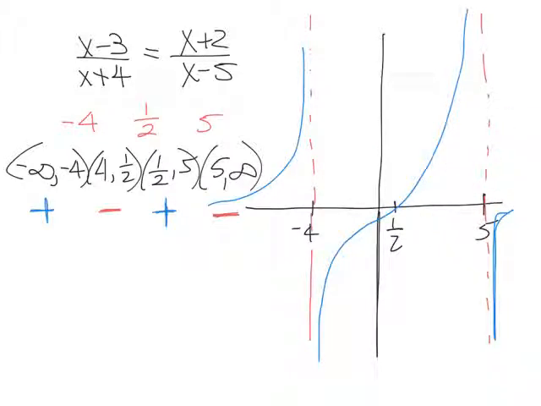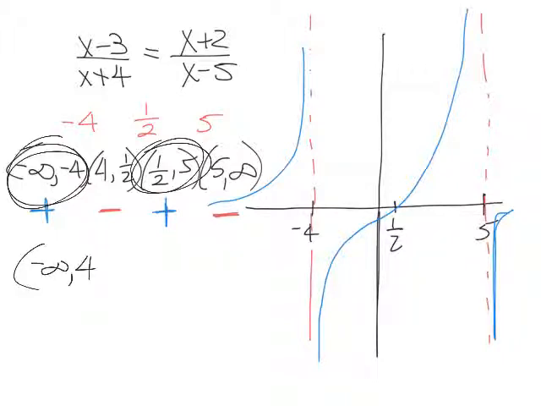That should make it real easy to give me the answer, because the solution set is going to be where my answer is positive, where it's greater than 0. And that would be here and here. And all you're going to do is put a union sign between those. So negative infinity to -4, and then 1/2 to 5, and put a union there.